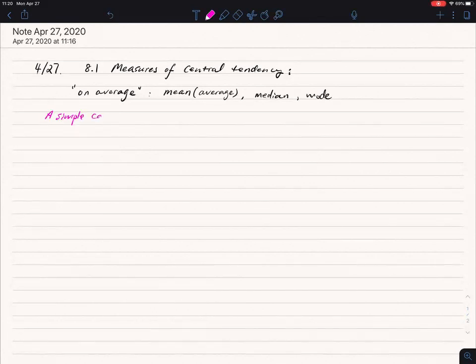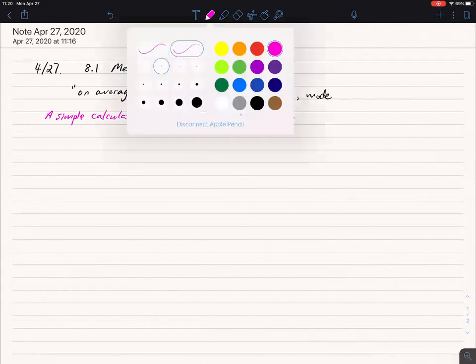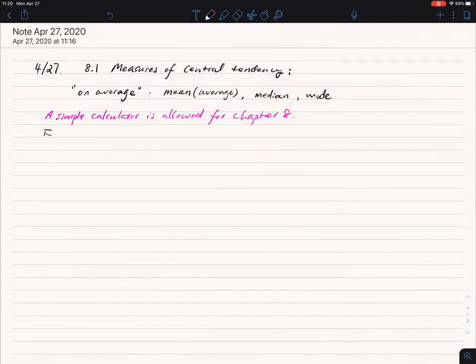A simple calculator is allowed for this chapter. How simple is it? It can be just like a $5 one, or you do it on a computer. So any calculator that can do square root is good. So very simple.